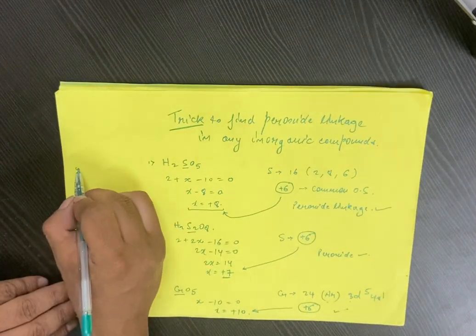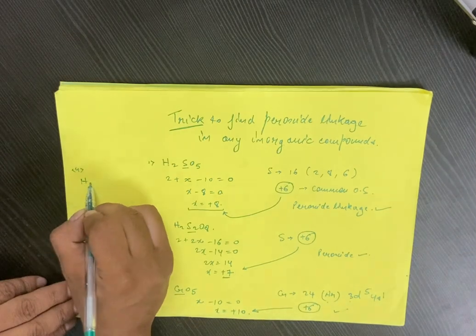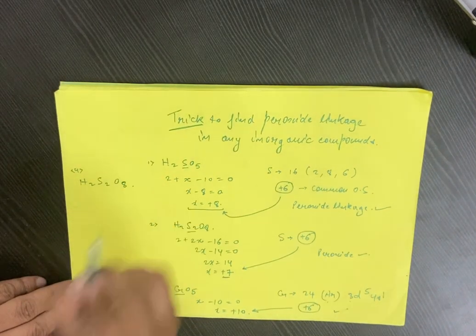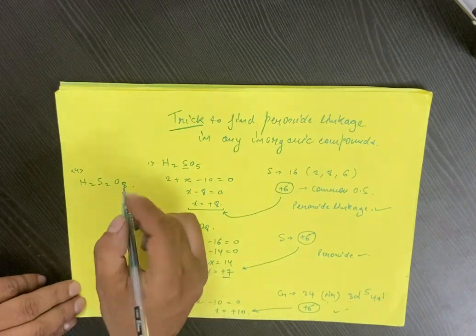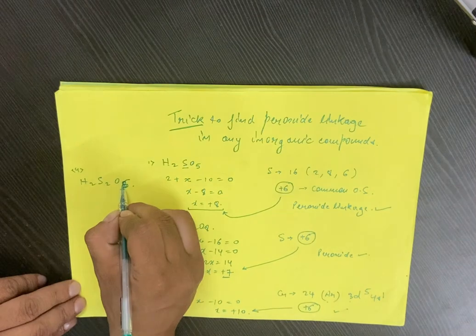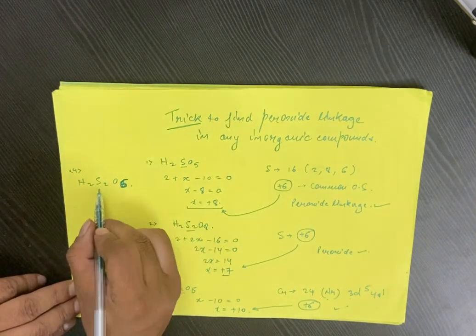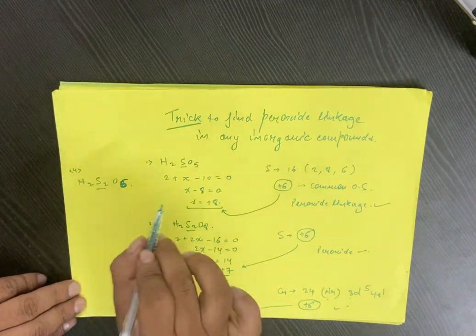Let's take another example. Simple, H2S2O8. We have covered that example, so that's why I'm just changing the number from O8 to O6. Please see this. H2S2O6. We will calculate the oxidation state of sulfur by the same method.